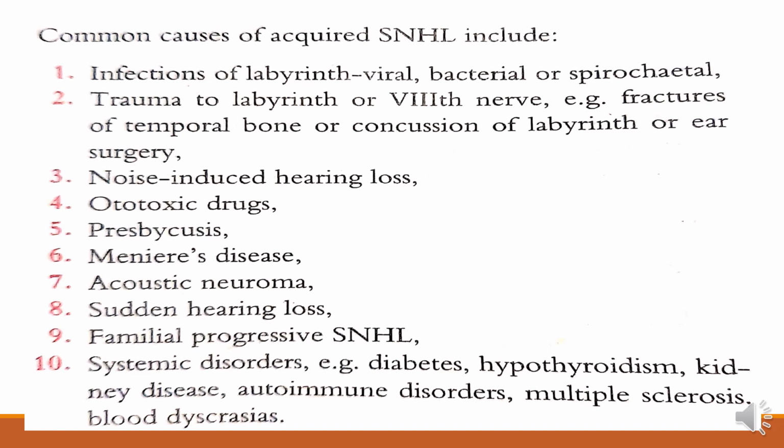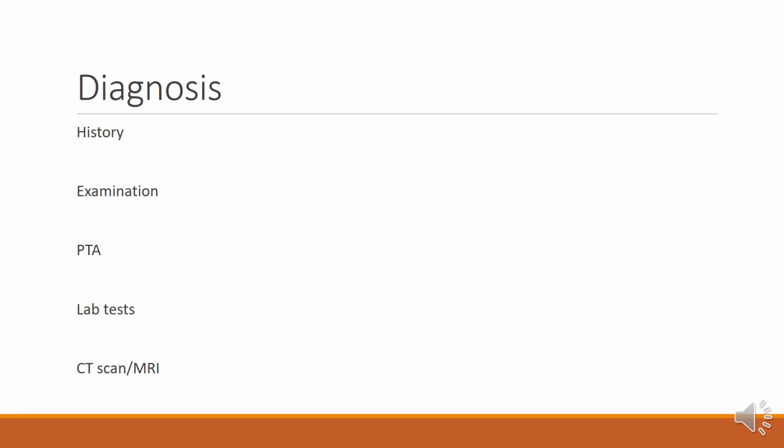In case of presbycusis, a hearing aid will help the patient. In case of Meniere's disease, we'll treat the symptoms of the patient, and again, a hearing aid can be offered, and there are certain other maneuvers. You have already gone through it in your lectures. In acoustic neuroma, gamma knife surgery or a hearing aid can be offered. In sudden hearing loss, steroids are given.